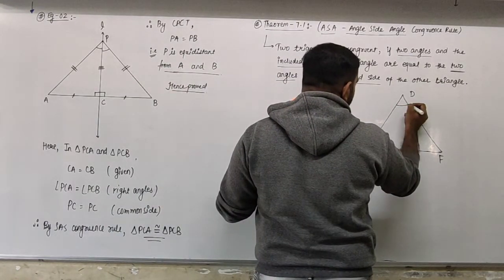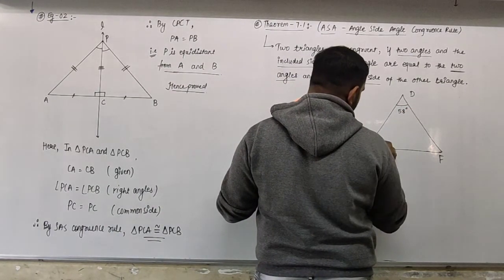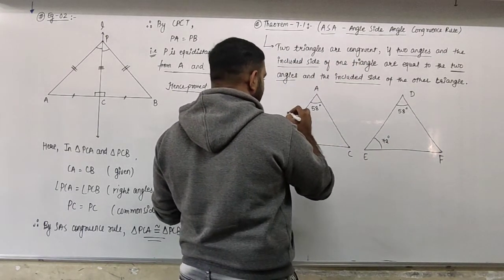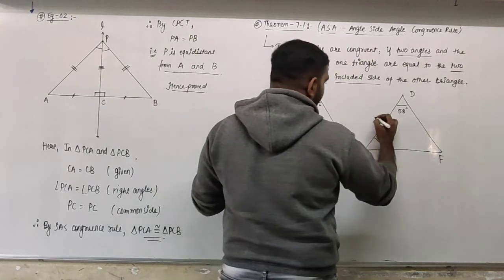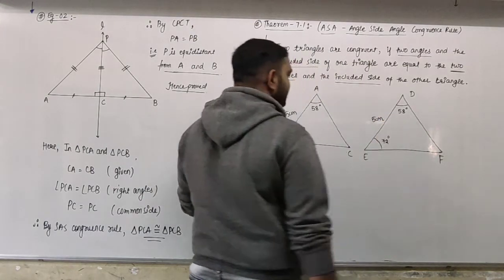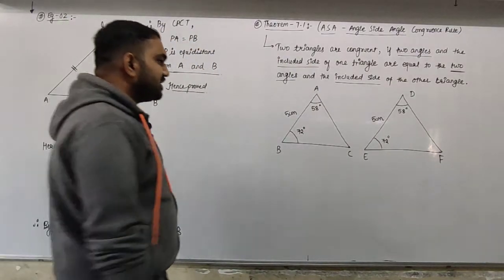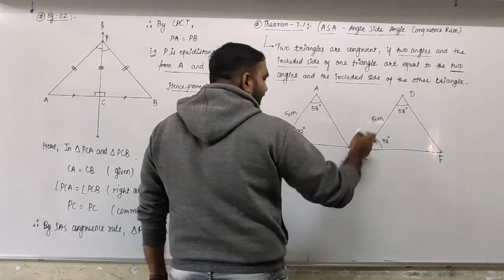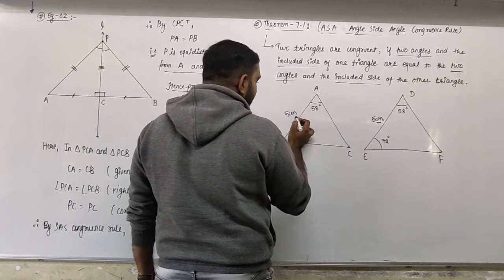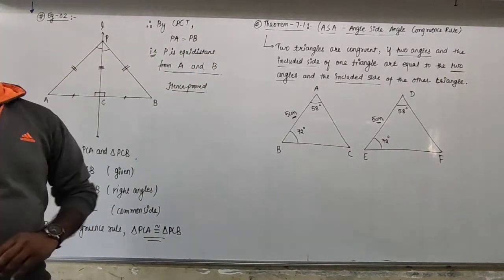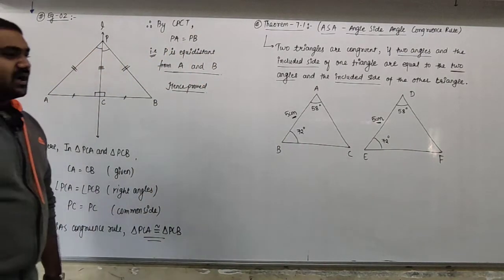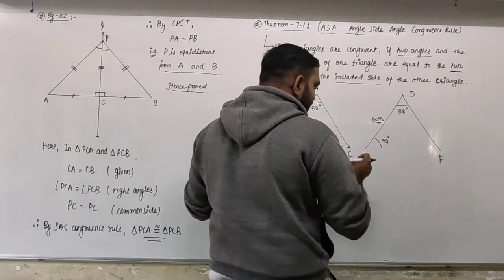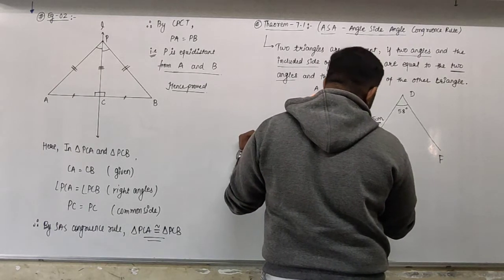Similarly, we are given this angle also 58 degree and this angle is 72 degree, with AB equal to 5 centimeter and DE also equal to 5 centimeter. So both the angles are congruent. Both these angles are equal, and the side between those two angles is also equal. This is called the included side. This is how the included side is formed. Just as the included angle was formed, the included side will form under the same condition.